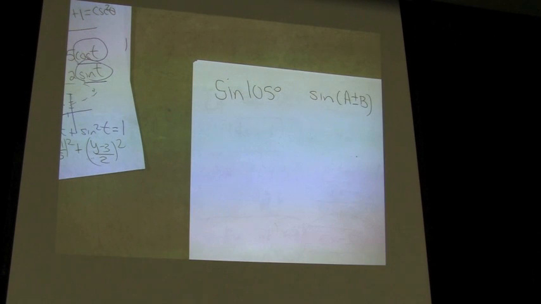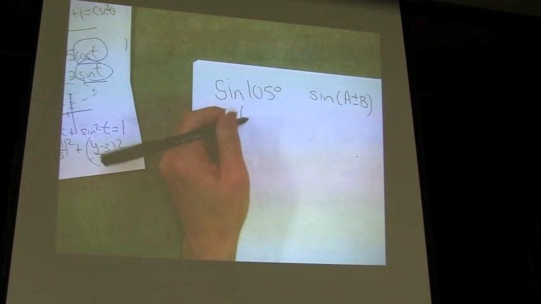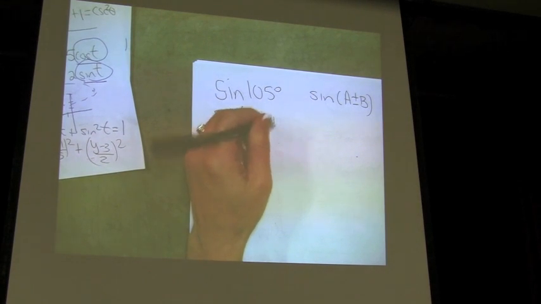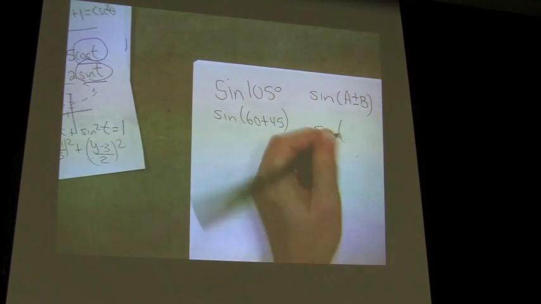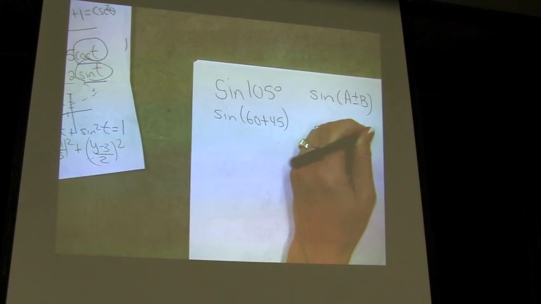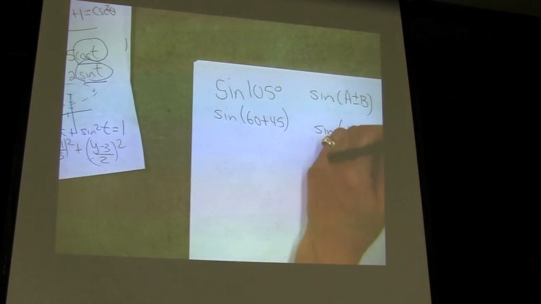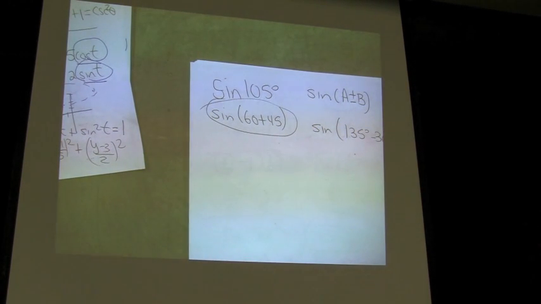So you either use sine of 60 plus 45, or you use sine of 135 minus 30. Okay? Most people, I think addition before they think subtraction. Okay?